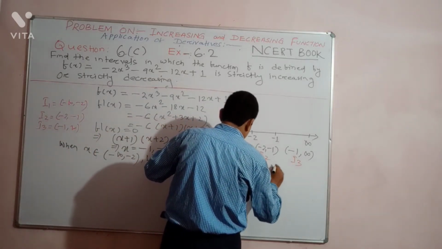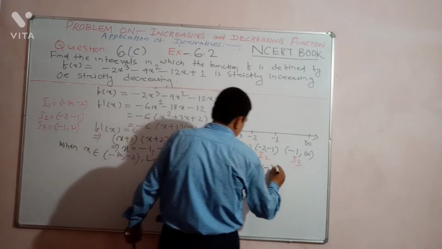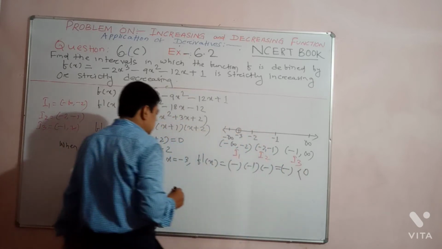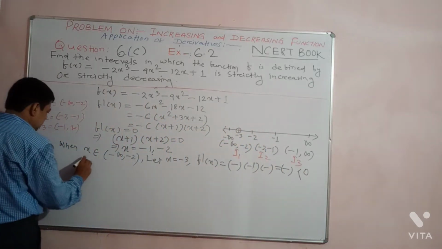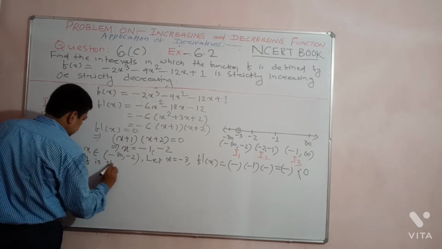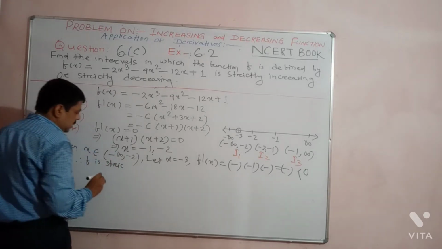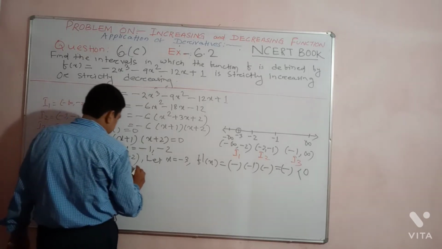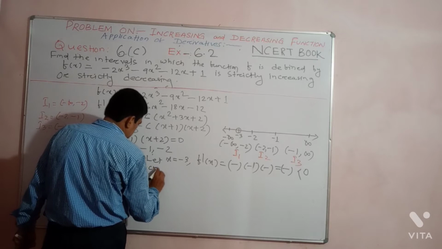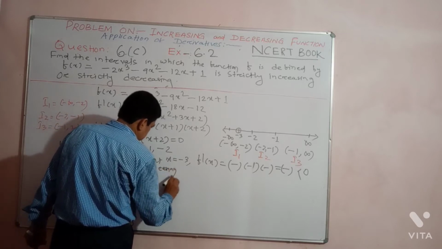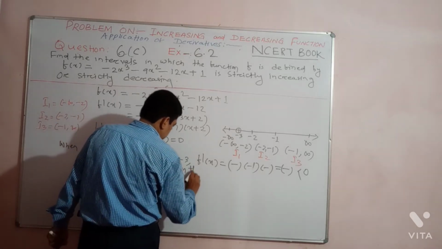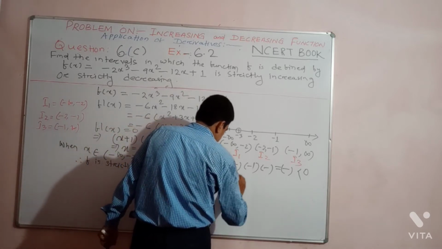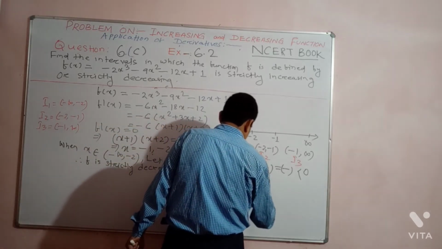So the overall sign will be negative, hence f'(x) is less than 0. If the slope of the function is less than 0, the function is decreasing, hence f is strictly decreasing in the interval minus infinity to -2.